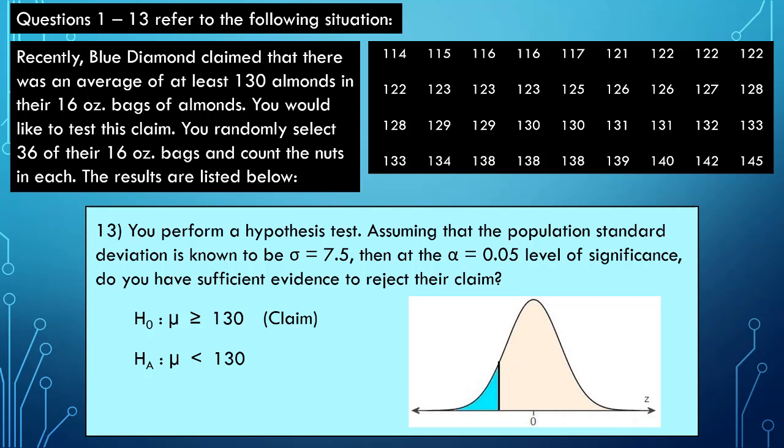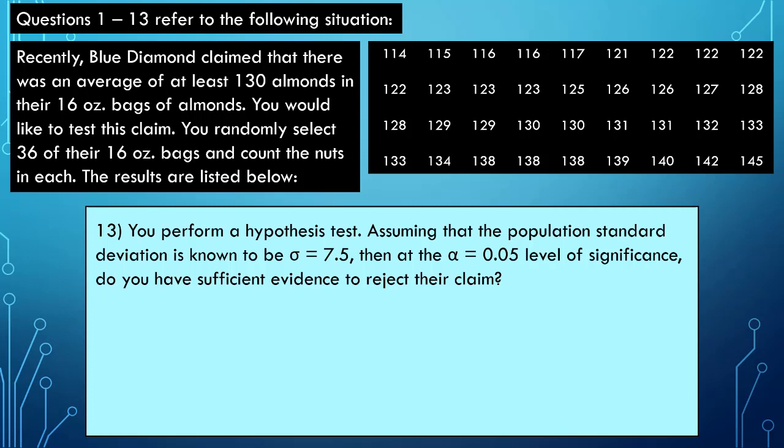Remember, we always look to the alternative hypothesis to figure out our test type. Once we know it's a left-tailed test, then we need to find the p-value. So we start with our z-score. Z equals x bar minus mu of x bar over sigma of x bar. So x bar, we found earlier in the problem, was 128. Mu of x bar is their claim. They claimed that the average was 130. And sigma of x bar is sigma divided by the square root of n.